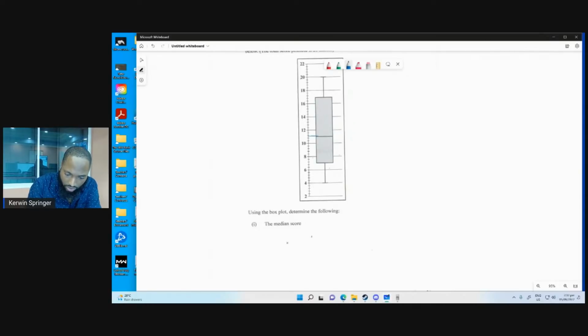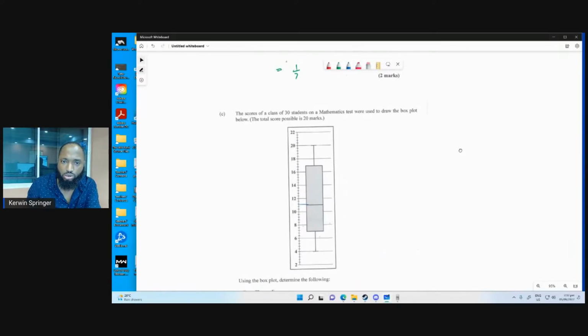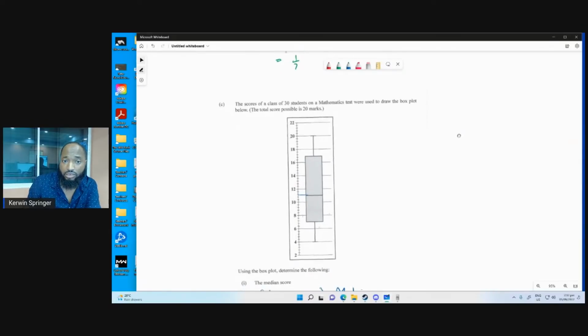Reading from the graph, the box plot, the median is equal to 11.